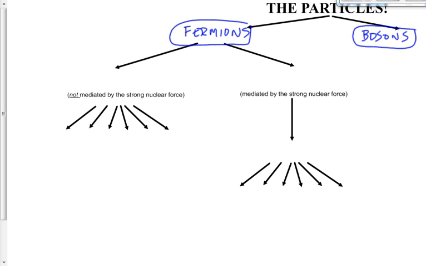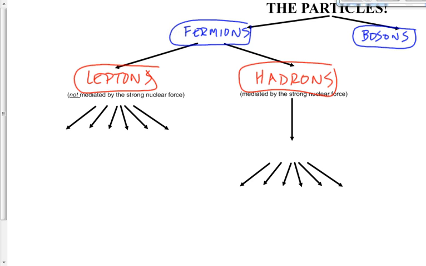We're going to break down fermions into two subcategories, leptons and hadrons. Leptons, I should say, are particles that are not mediated by the strong nuclear force.